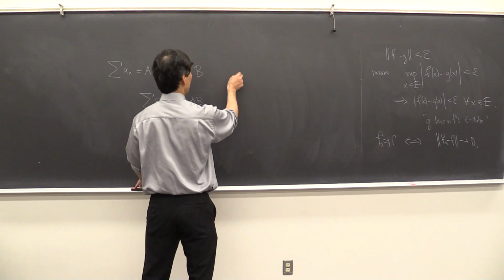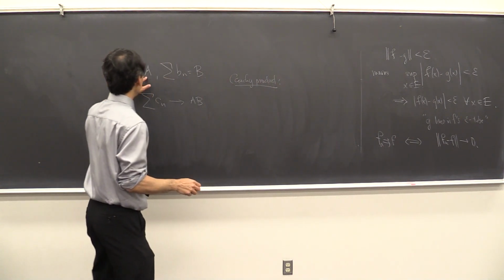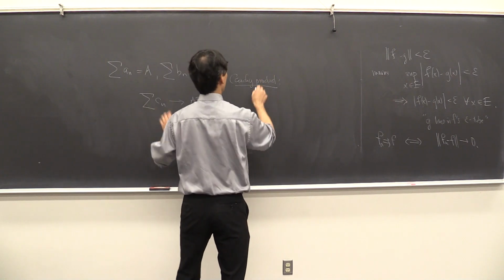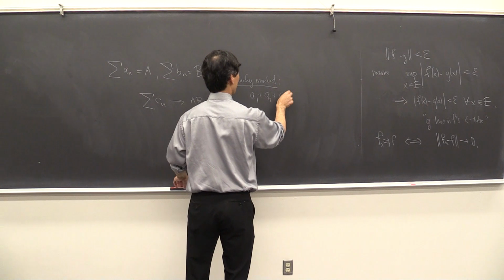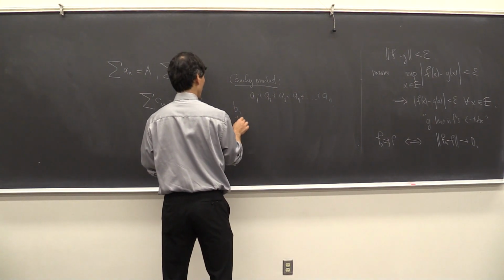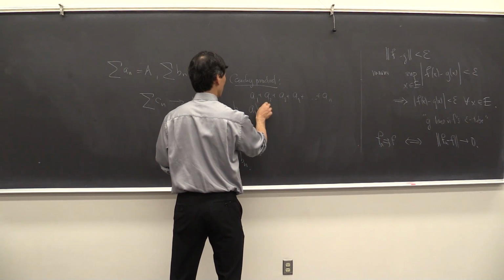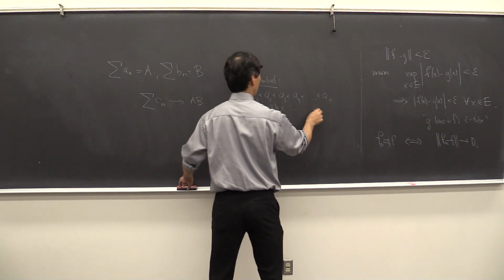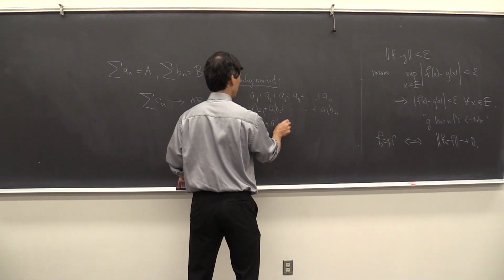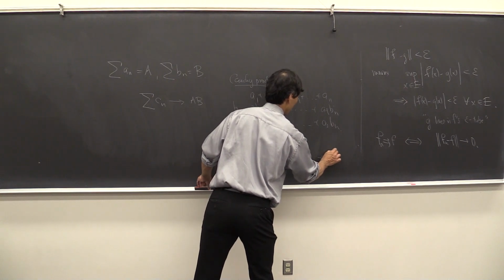And so Cauchy's idea is that if these guys were finite sums, if you had A1 plus A2 plus A3 plus up to An, and you multiplied it by B1 plus B2 plus up to Bn, what you would get is A1B1 plus A1B2 plus up to A1Bn, then A2B1 plus A2B2 plus A2Bn, etc., all the way down to AnB1 through AnBn.